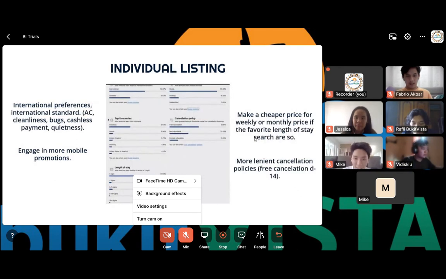And then the next one is about international preferences, because we can see from this listing that 63% of the searchers were international travelers.